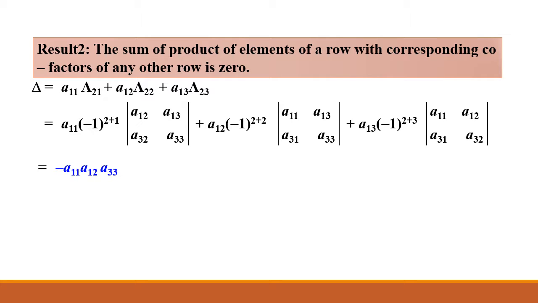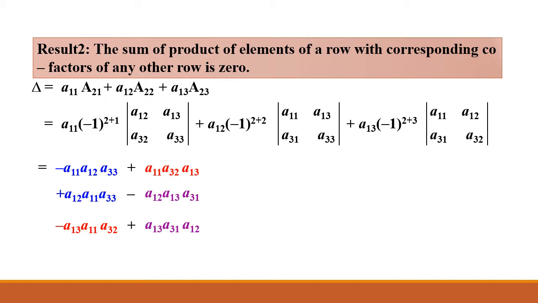We get minus a11 a12 a33 plus a11 a32 a33 plus a12 a11 a33 minus a12 a13 a31 minus a13 a11 a32 plus a13 a31 and a12.